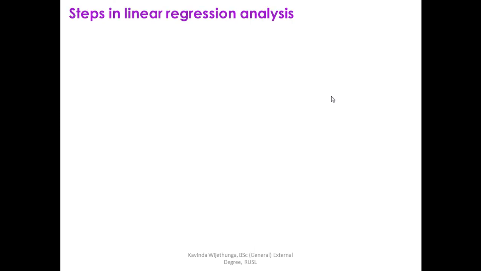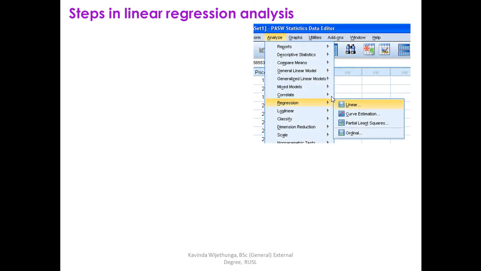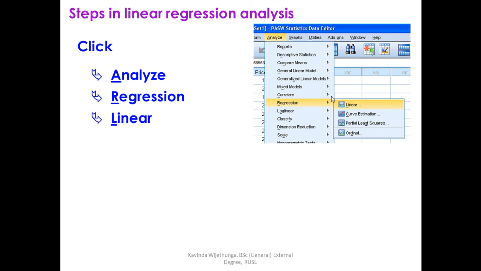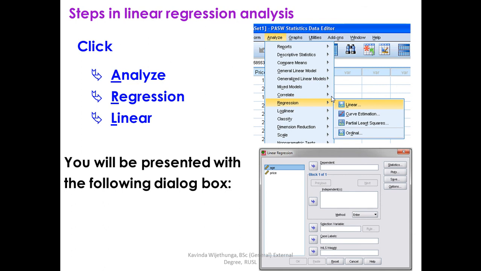Steps in the linear regression analysis. Now you can do the linear regression. So these are the steps: analyze, regression, then linear. Click analyze, regression, linear, and you will be presented with the following dialog box.